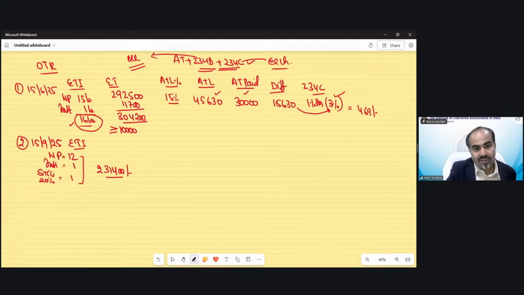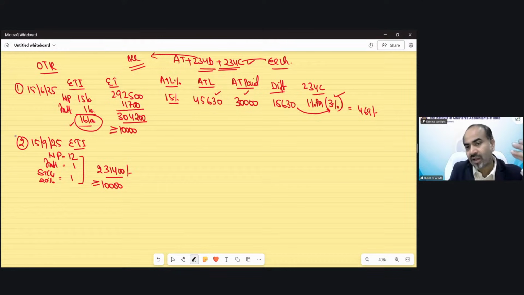Now again on this date, the estimated tax is more than 10,000. Suppose in any case, this 2,31,000, suppose only 8,000 due to loss. Suppose on 15th of September, the estimated tax is 8,000 rupees. Then what will happen? On this date, because it's less than 10,000, there would not be any advance tax requirement to be paid on this second installment.